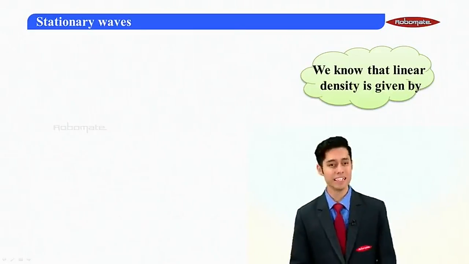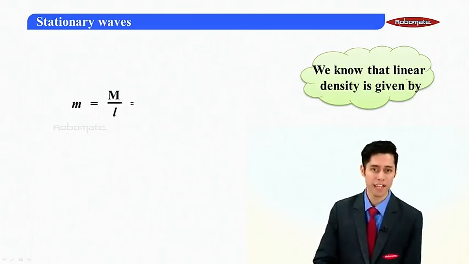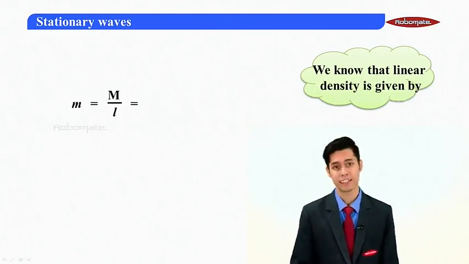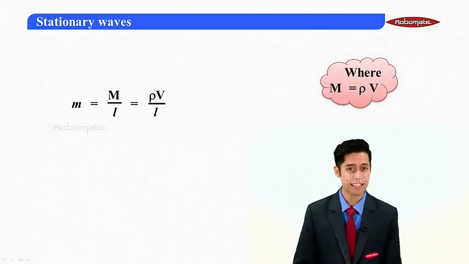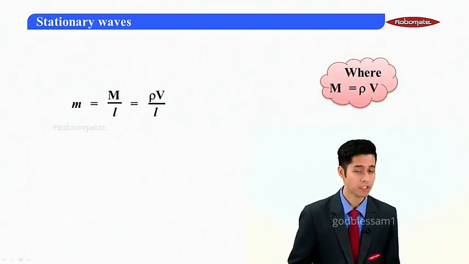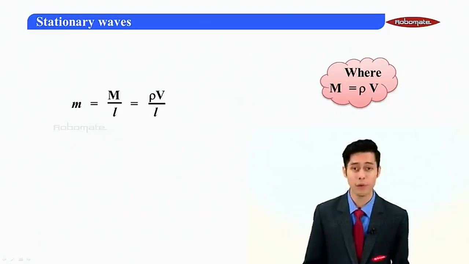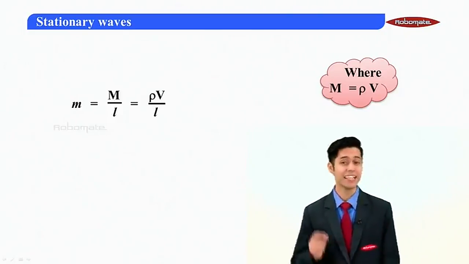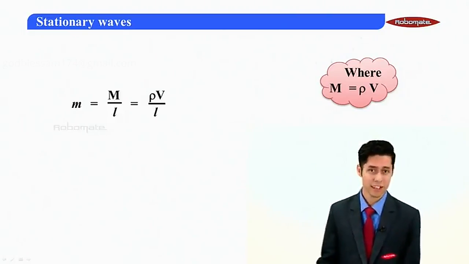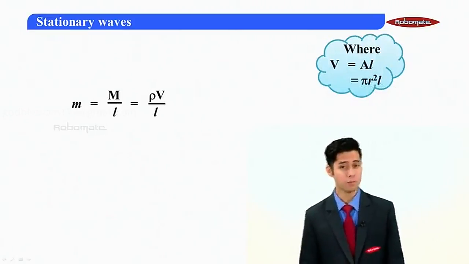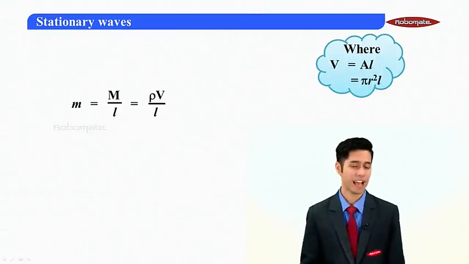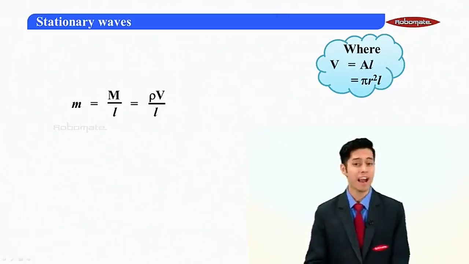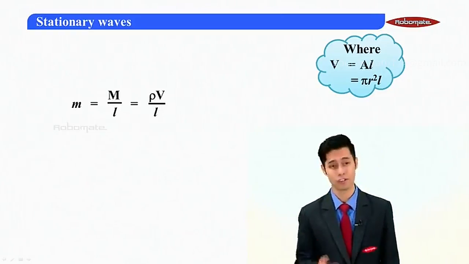We know that the linear density, that is small m, is given as mass per unit length. We know that mass is density into volume. So substituting that value will give me density into volume upon length. But we also know that volume is area into length, and area is pi r square for the area of cross section.